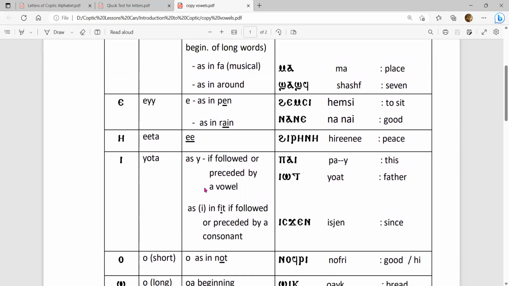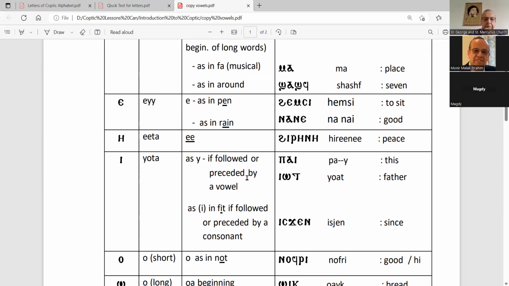I should have started with preceding. Okay, this one here is followed by a vowel.